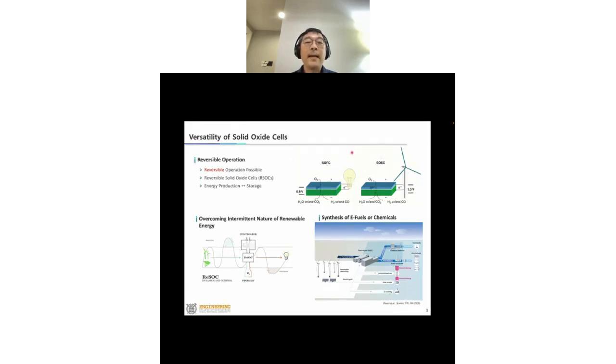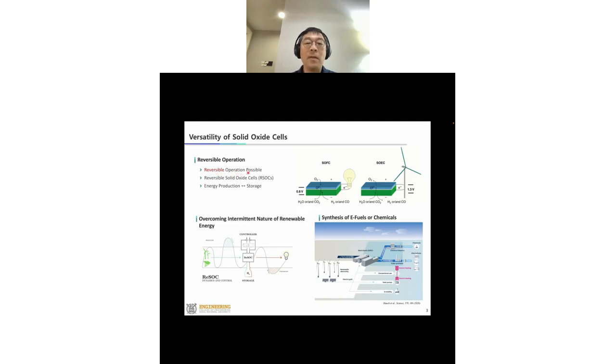Unlike the low temperature proton exchange membrane fuel cell, the same single solid oxide cell can operate in both ways. One single cell can be a fuel cell, and at the same time it can be a solid oxide electrolyte cell. That means it's possible to have reversible operation.